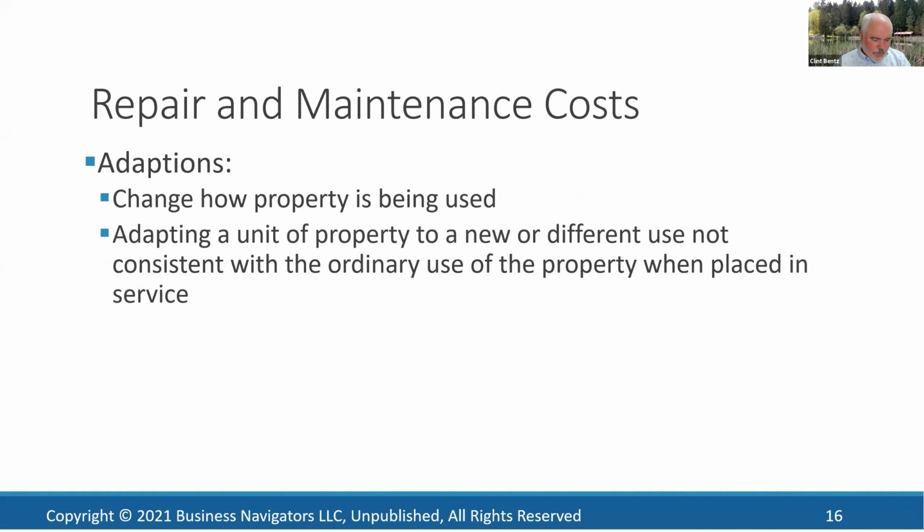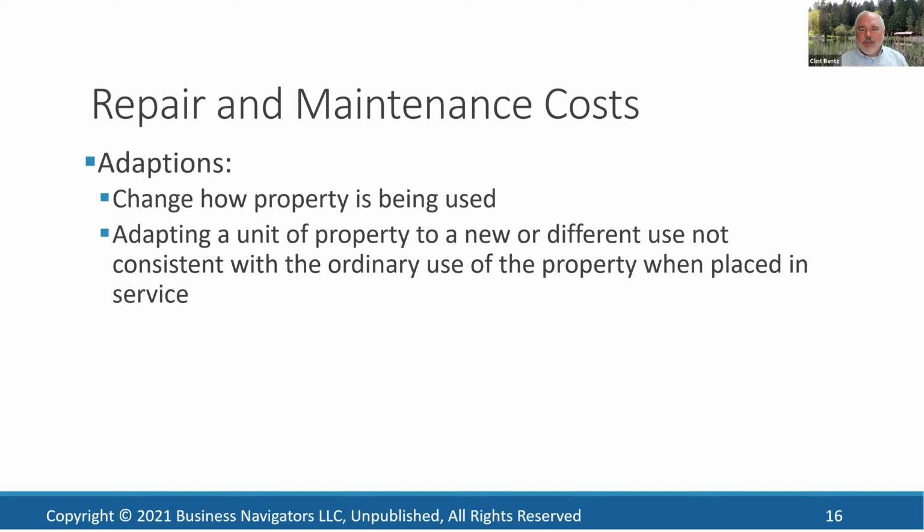The last thing in repairs and maintenance is adaptations. This is a change in how the property is being used. An adaptation would be like you convert a factory into a showroom. You change the use of the property. Or we change a barn into a shop, right?